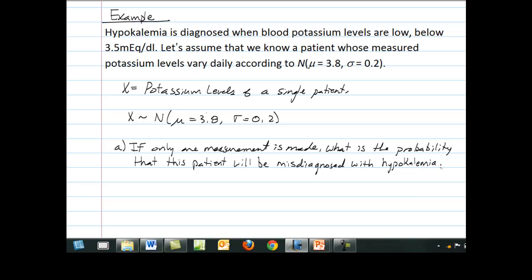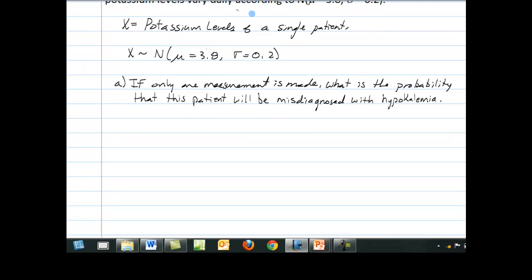So what we're trying to do is set up a probability distribution, drawing our table, using our normal curve, etc.